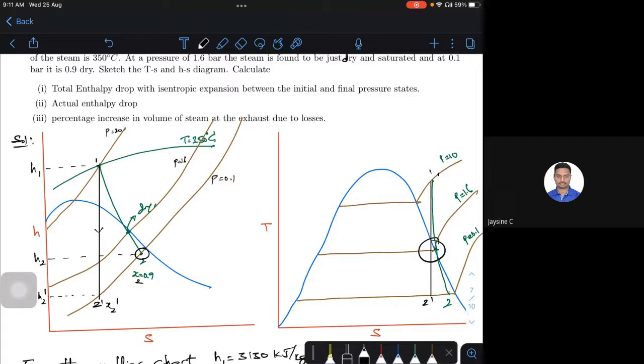Now if you closely observe, your x2 is 0.9, your x2 dash will be slightly lower than 0.9. Even though I have drawn a little bit zoomed figure, it may be 0.8 or 0.82 or 0.75, something like that. And you can check that value from your Mollier diagram.